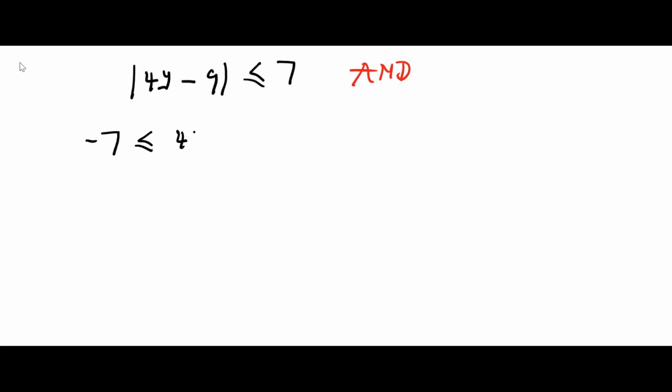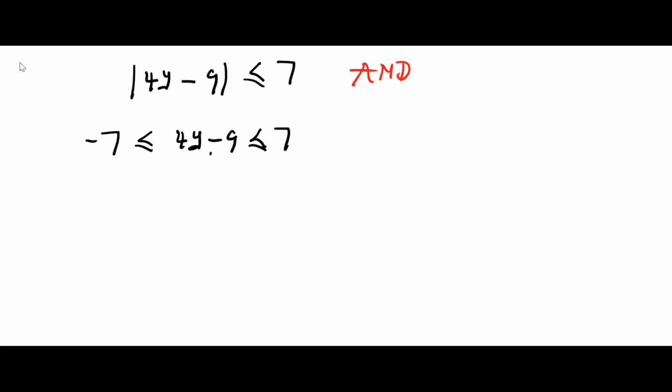So if we have the absolute value of 4y minus 9 less than or equals to 7, and because we are to use and, we can simply write this as negative 7 is less than or equals to 4y minus 9 is less than or equals to 7.